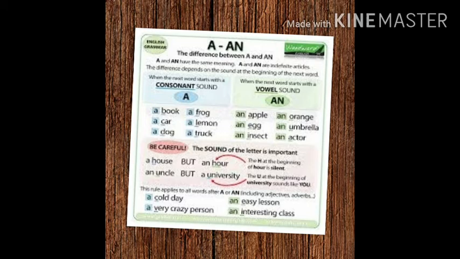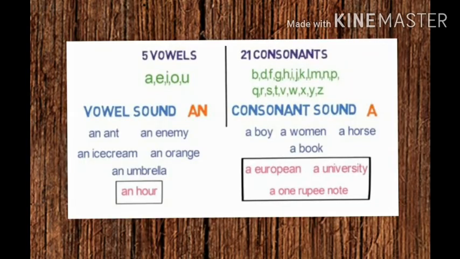Now, the next thing is how we use the an before a vowel sound. So, an ant, an enemy, an ice cream, an orange, an umbrella. But when we say an hour, then we are using an because H is silent over there and we have a vowel sound in it.